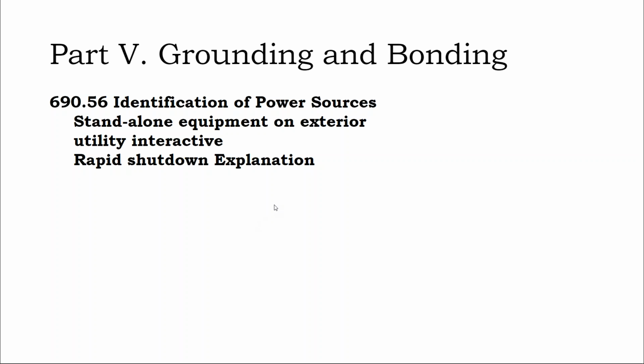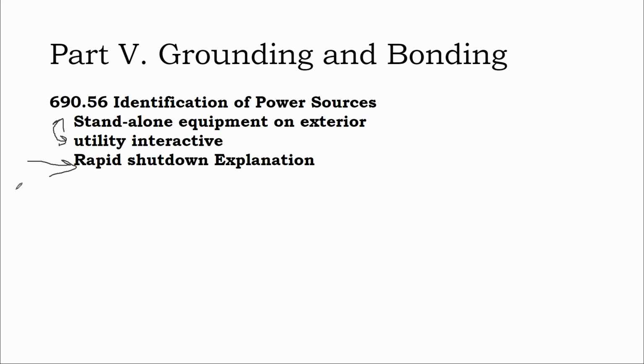Identification of power sources. This is the listing requirements. You say, well, what stickers do I need on my solar array? Your stickers need to identify what the array actually is to an inspector or emergency responder when they show up, so they know what's going on. So the difference between whether the system is off-grid or grid-interactive needs to be called out.